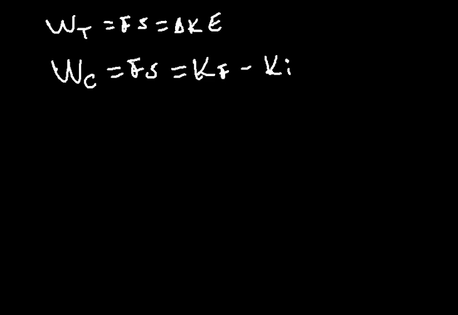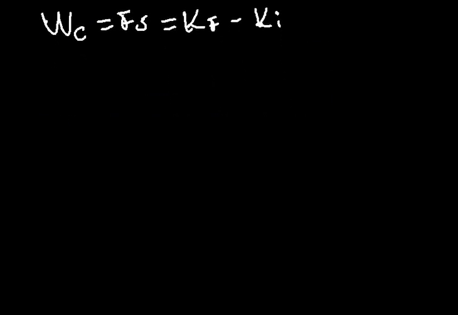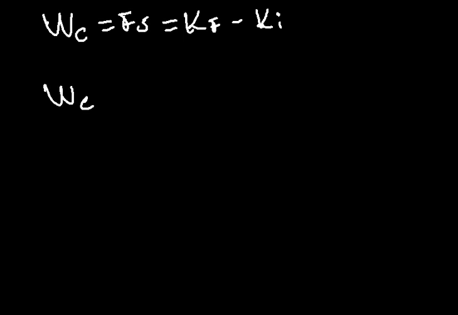So you should bear in mind that the work done by the conservative forces, specifically the gravitational force, is given as this. In all cases, the work done by the conservative forces is given as the negative change in the potential energy.